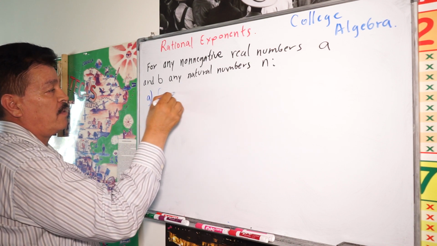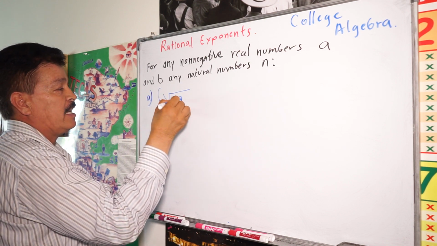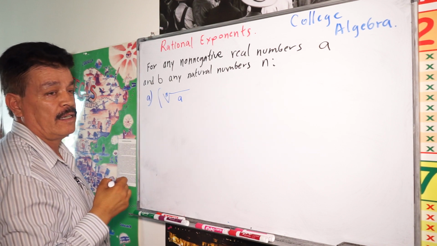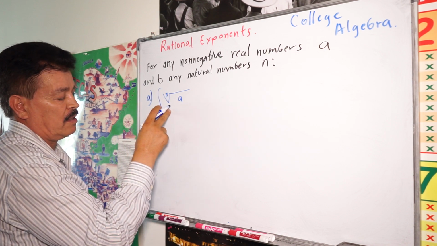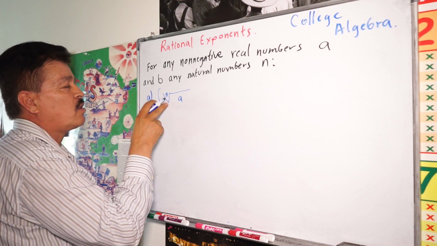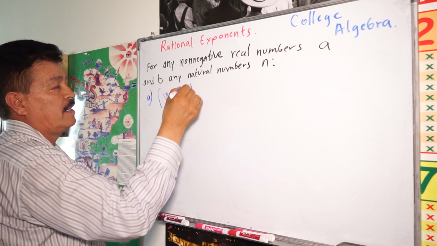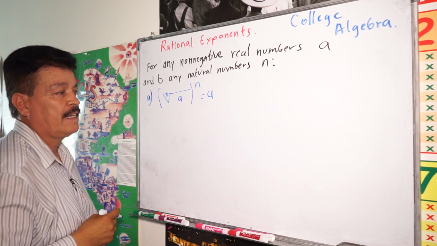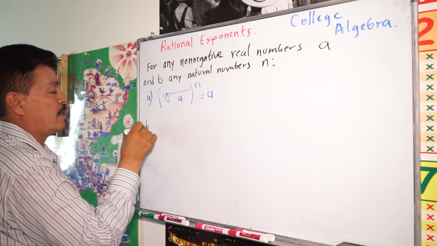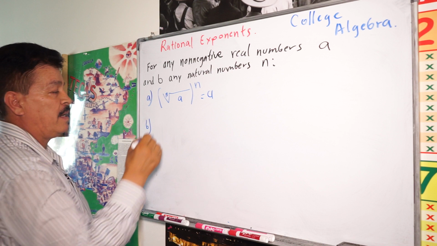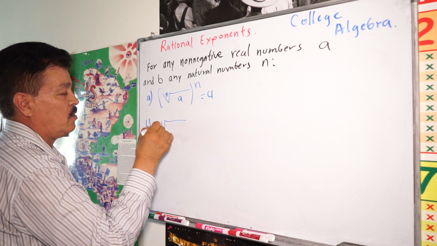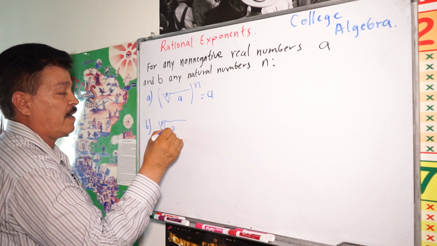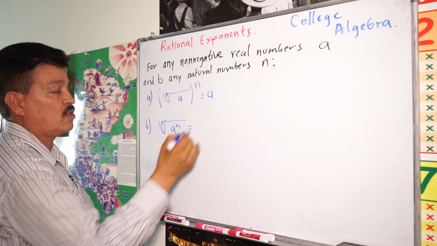So this rule is like this. You have, for instance, the radical n of a, to the n power, equals a. Another important one to remember: the radical n of a to the n equals a.